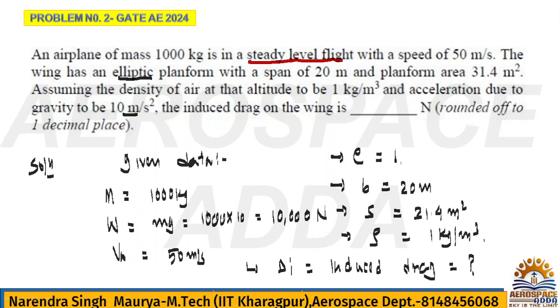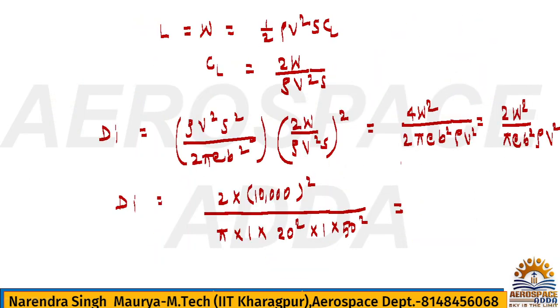Round off to 1 decimal place. Here I'm getting approximately 63.66. If rounded off to 1 decimal place, it becomes 63.7 Newton. This is the answer.